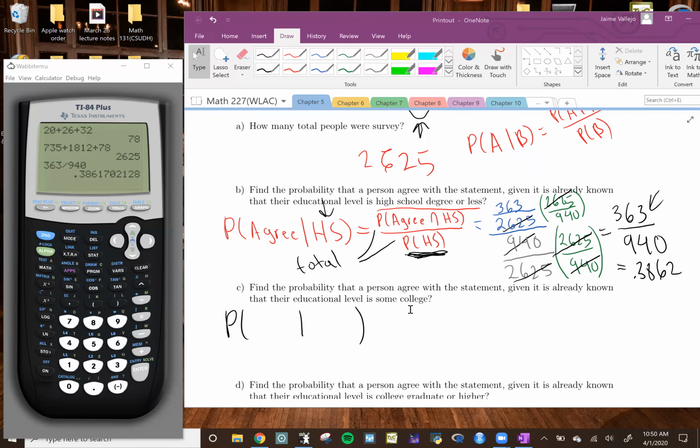So for this one, it will be some college. We already know that the education level is some college, and we want to find the probability of those people who have some college. What percentage of them agree with the statement? Everybody good? Why the condition is that they have some college level?